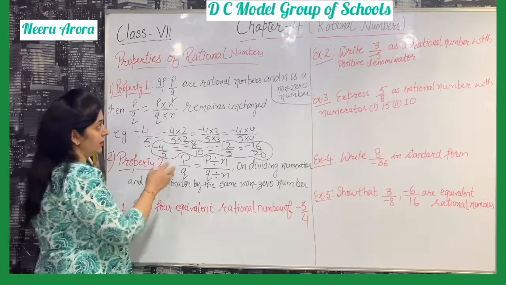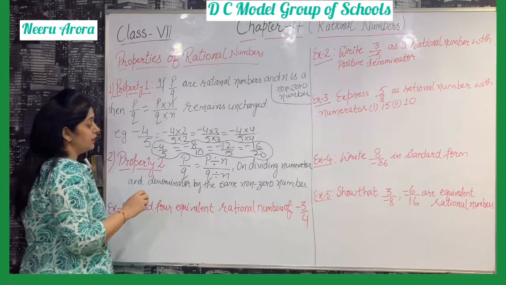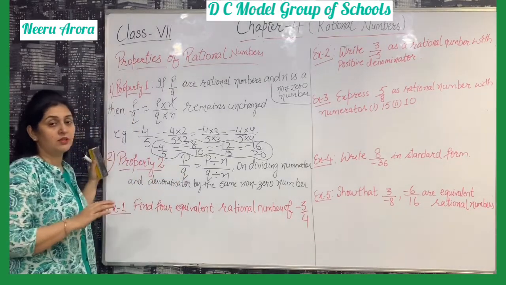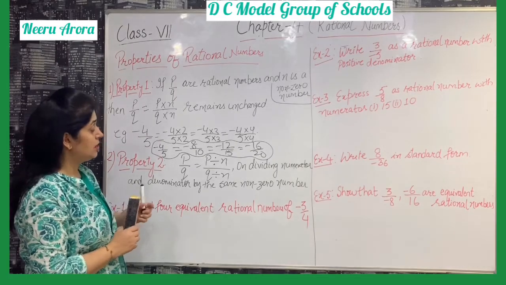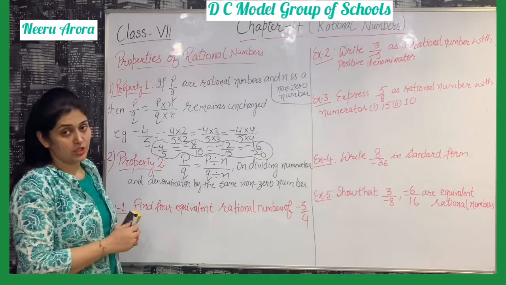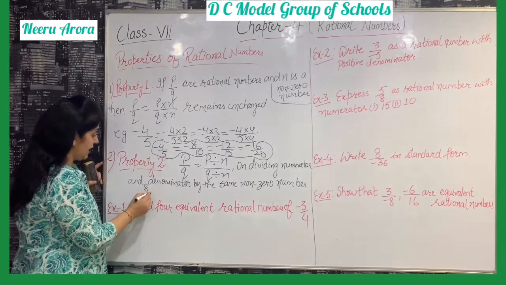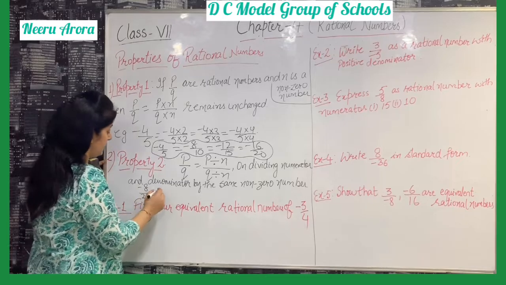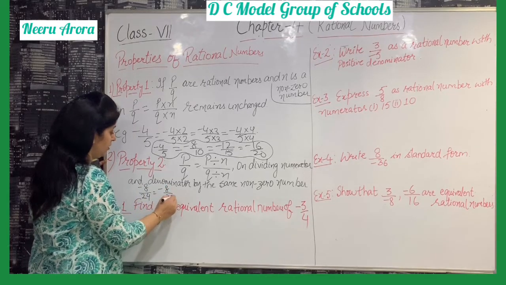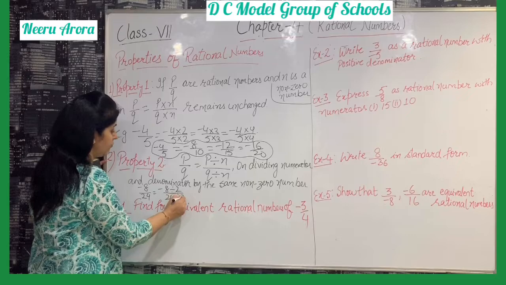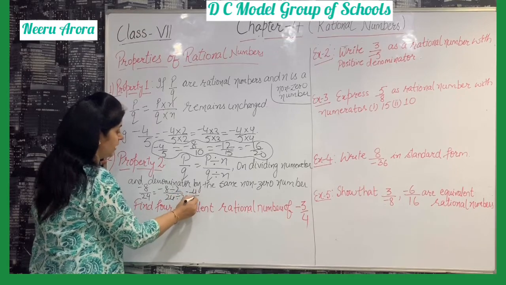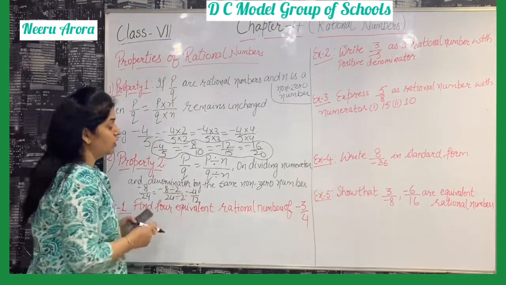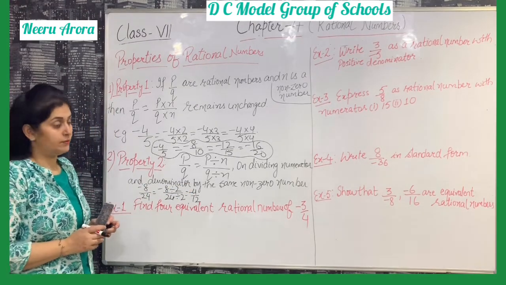Earlier we discussed multiplication; if we divide any rational number's numerator and denominator by the same non-zero number, it remains unchanged. For example, we have minus 8 by 24 and we have divided this by 2 and we get minus 4 by 12. So minus 8 by 24 is equivalent to minus 4 by 12.